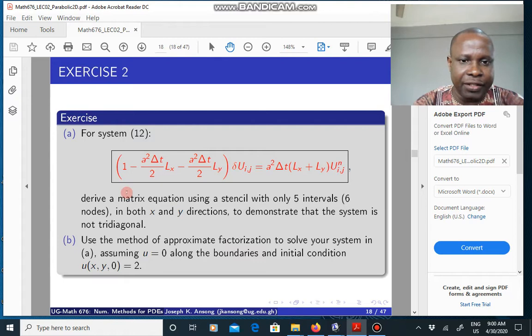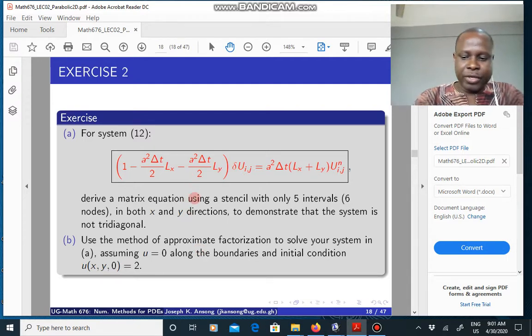So in this exercise, I will set it up formally, but I'll probably let you just do exercise 2A, where you would demonstrate, using a simple stencil, that indeed, if you leave it as this, then this matrix is not tri-diagonal. Okay, so you demonstrate that. Of course, then you can use the 2 steps to solve, but I'll just let you do this one.